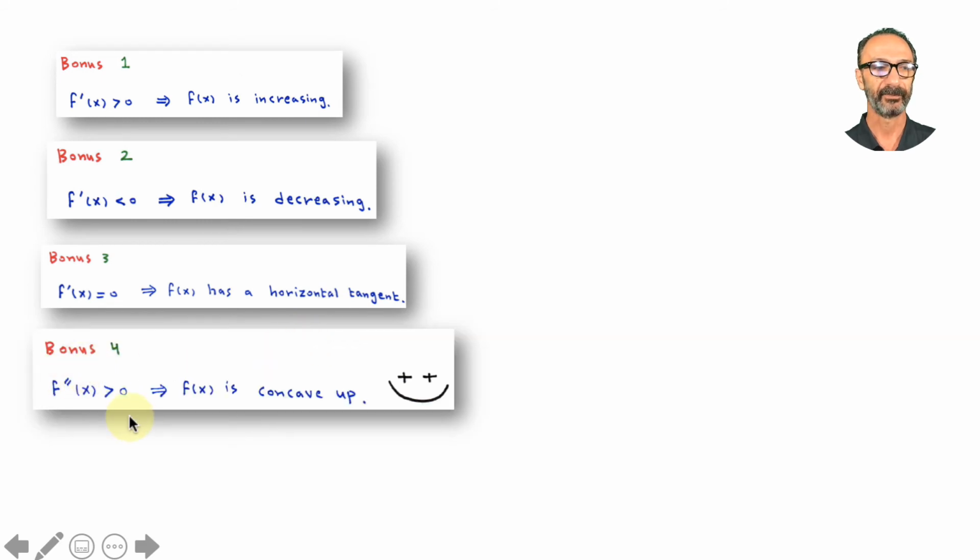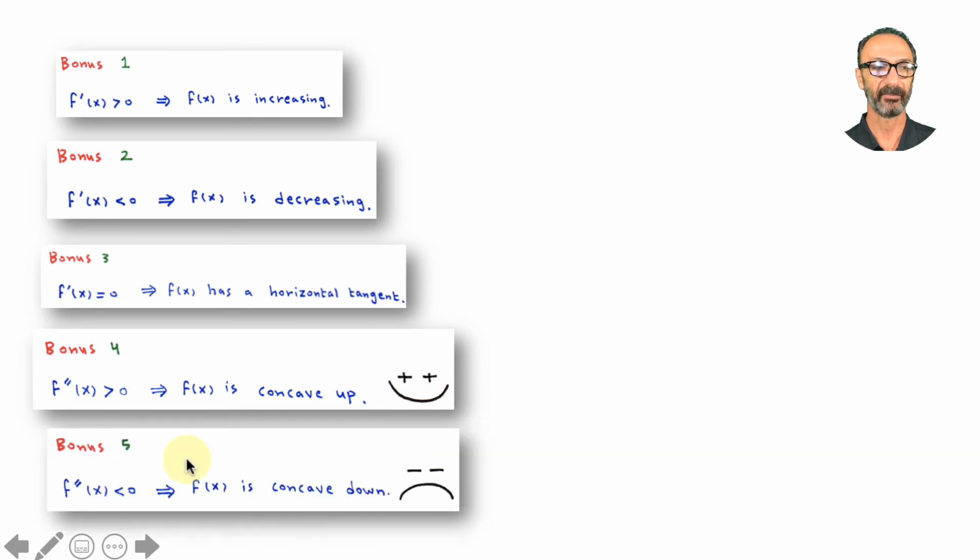Bonus number 4. This is not in this section, but why not? F double prime is positive. That means the graph is concave up. See this sign? I usually use this sign to help my students memorize which one is concave up and which one is concave down. So if f double prime is positive, we call it concave up.